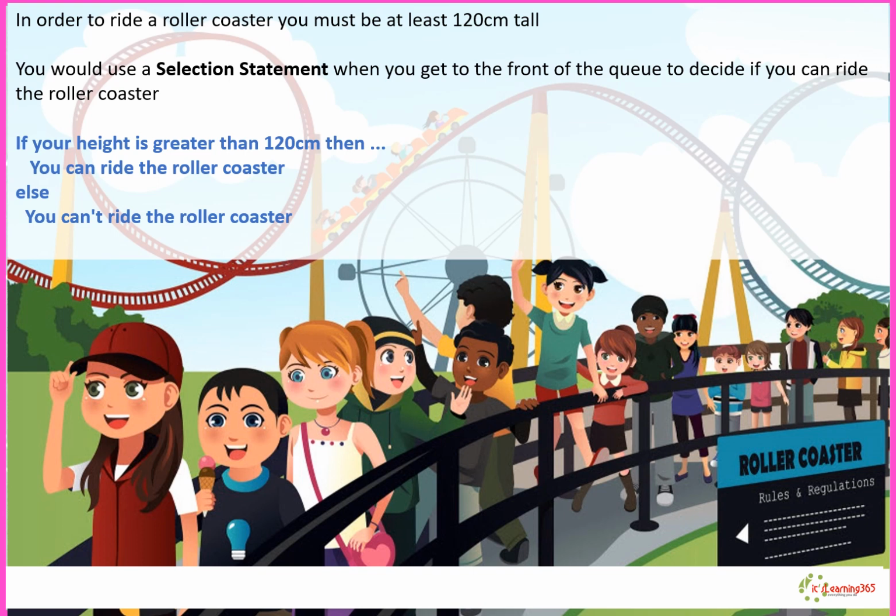Are you tall enough to be able to ride it? Is your height greater than or equal to 120 centimeters? If the answer to that question is yes, then you're able to go ahead and get on the roller coaster and ride it. If the answer to the question is no, sadly you have to leave the queue and go and choose another ride to go on.